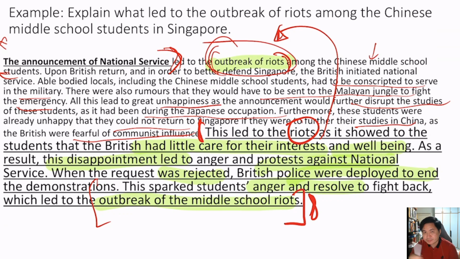And then in your explanation, in your own words, how does this lead to the outbreak of riots, which is the outcome again? Because it shows the British didn't care for them, showed little interest, which led to anger and protest, which eventually led to the resolve to fight back, and of course the outbreak of the middle school riots. So this is the technique for you to write your essay question.